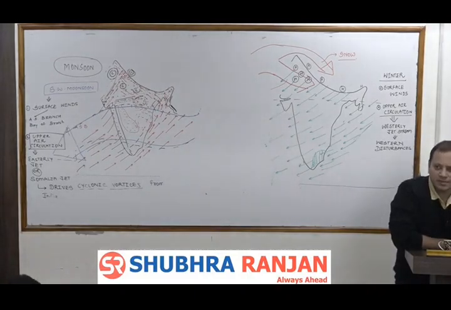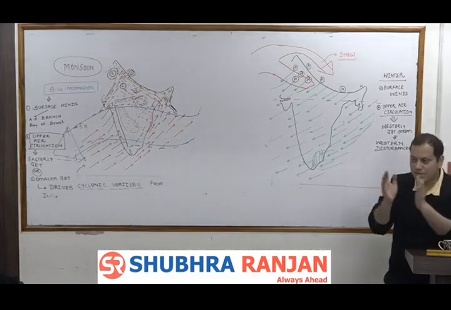When does monsoon come to Delhi? 1st July. And when does it withdraw from Delhi? Somewhere around 15th September. Only 1.5 months of monsoon. When it reaches Rajasthan, monsoon arrives 1st September. And when does it withdraw from Rajasthan? 15th September. Only 15 days of rain. So this is what is known as the retreating monsoon.